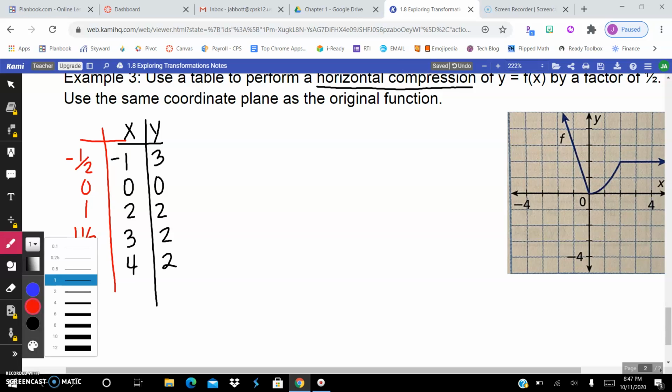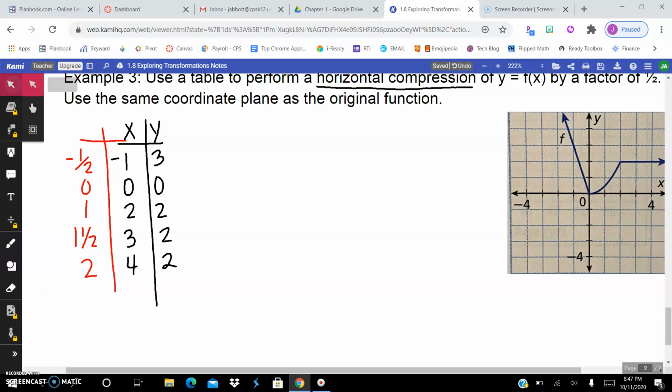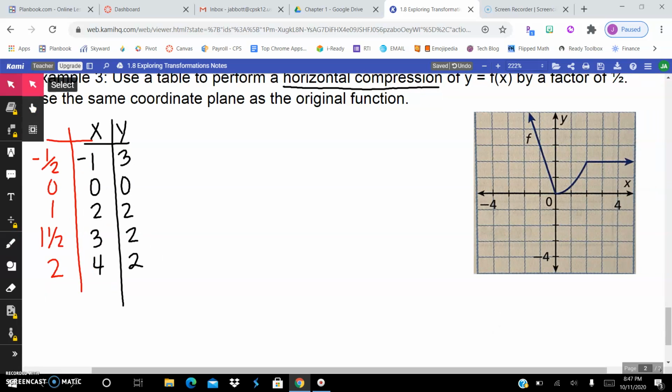So now we're going to plot those new points over here on our graph. So -1/2 and then up 3. 0, 0 is going to stay. Over 1 up 2. 1.5 and up 2.